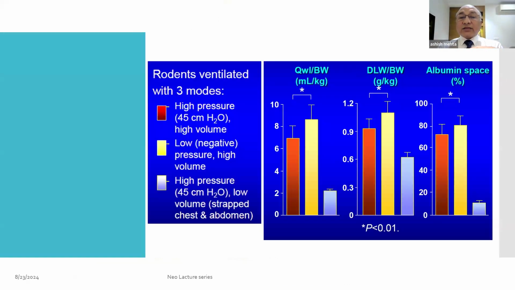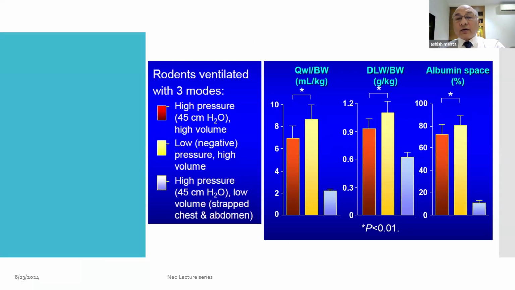And if you can see this bar diagram, 3 groups of rodents were ventilated with 3 modes: high pressure and high volume, low pressure and high volume, and high pressure and low volume. You can see here that where the pressure was low but the volume was high, the middle bar in each one, maximum damage was seen in the form of protein leak and lymph flow.